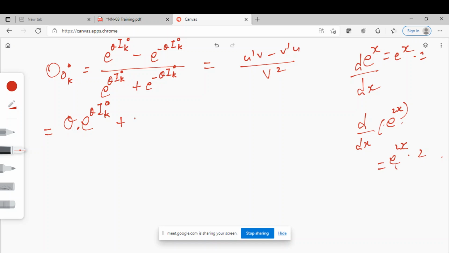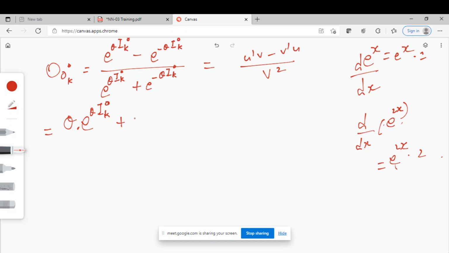So u dash v, where v is nothing but e power theta I_ko plus e power minus theta I_ko. This is u dash v minus v dash u.